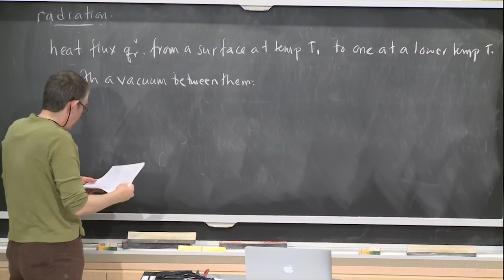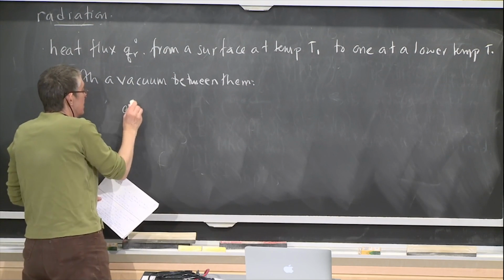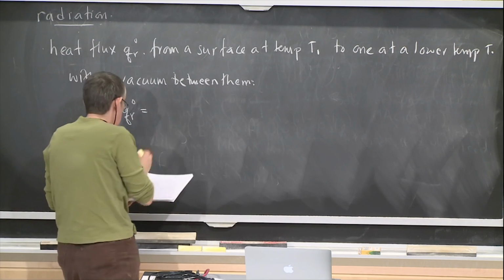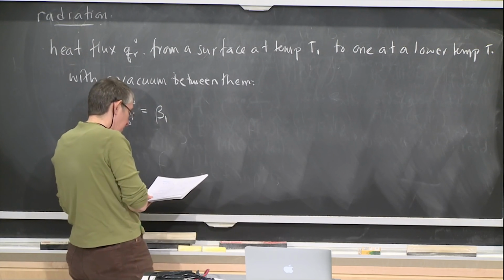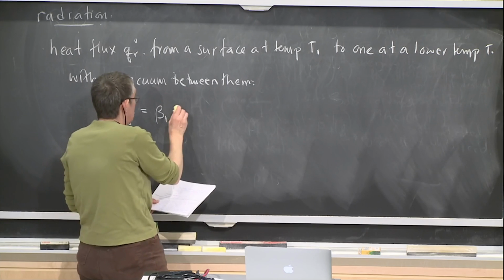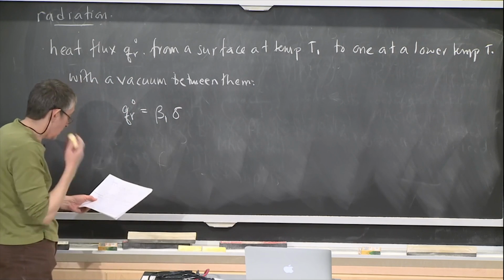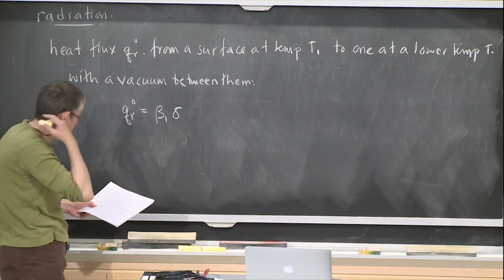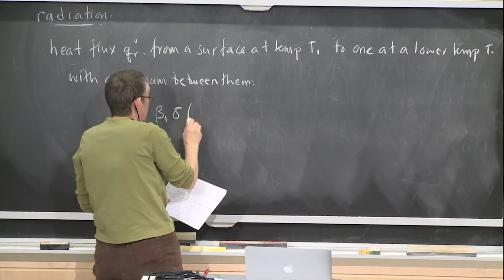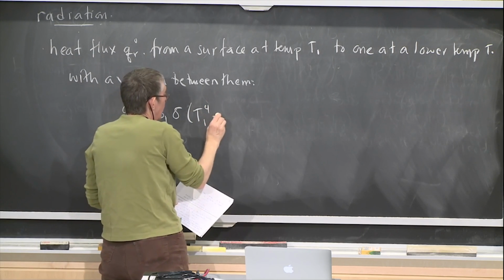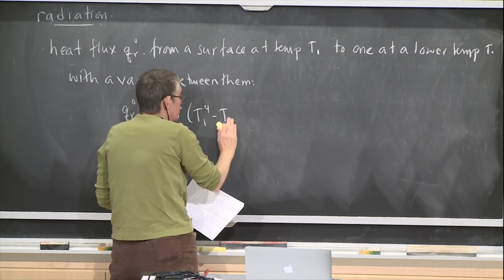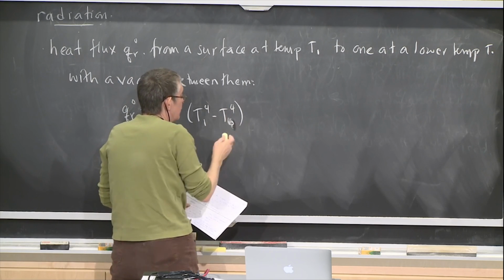So this is Stefan's law. It says the radiative heat flux is equal to the emissivity of the surfaces, which is beta, times a constant called Stefan's constant, sigma, times the fourth power of the temperatures, taking the difference of the temperatures.